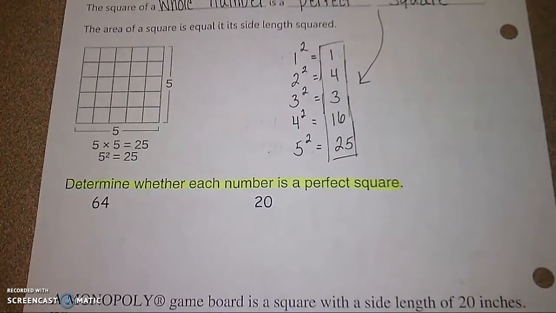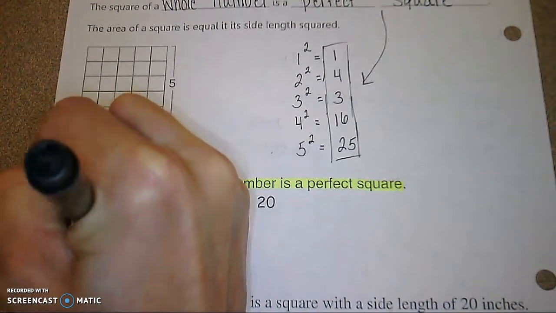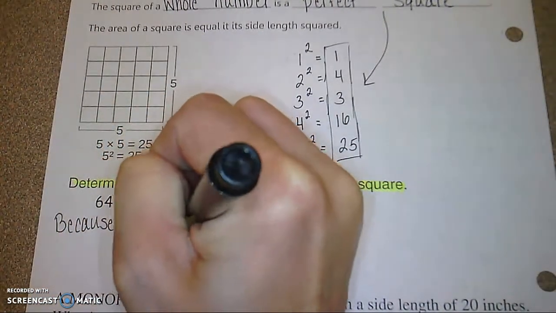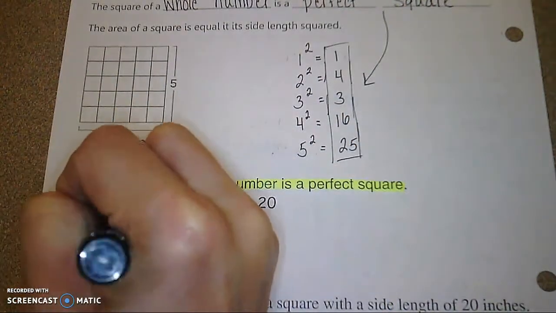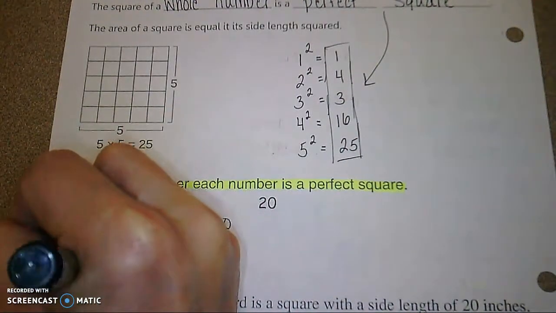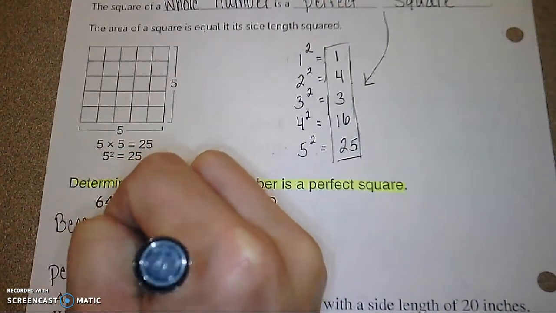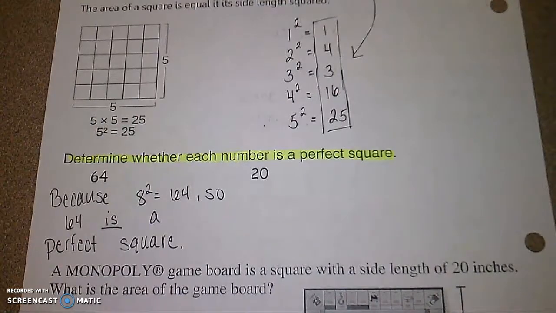So 64, I know that 8 squared equals 64. So that means 64 is a perfect square. Because I can take a number and multiply it by itself to get 64. So it is a perfect square.